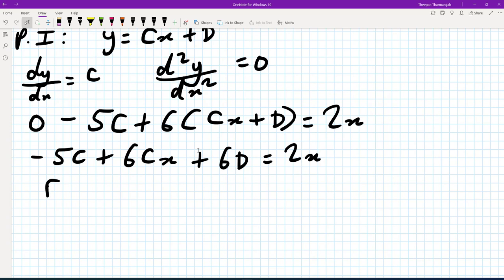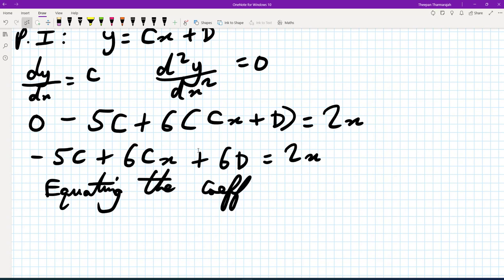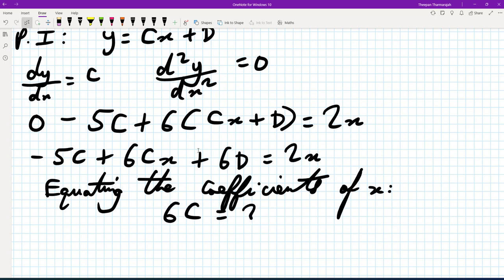Now we're going to equate the coefficients of x. So we get 6c is equal to 2, c is equal to 2 over 6, that's a third.